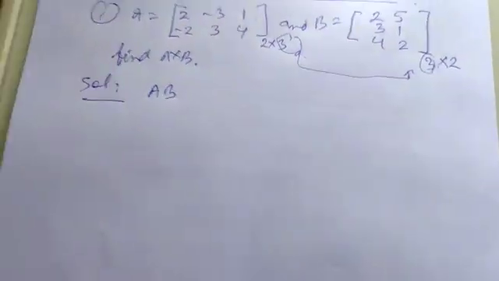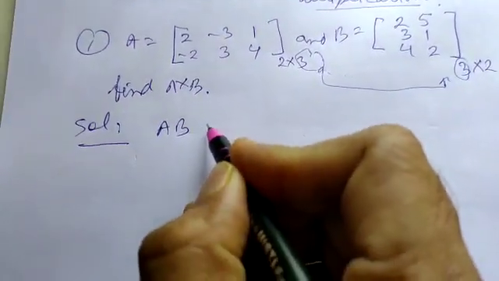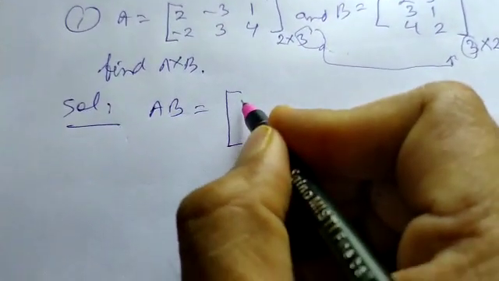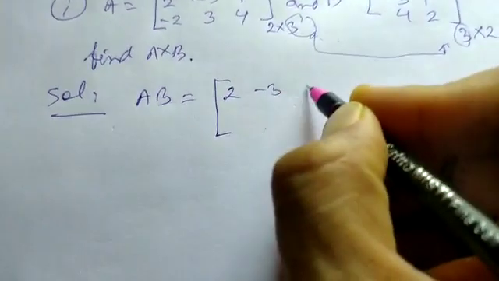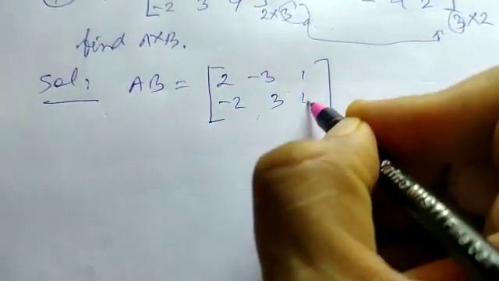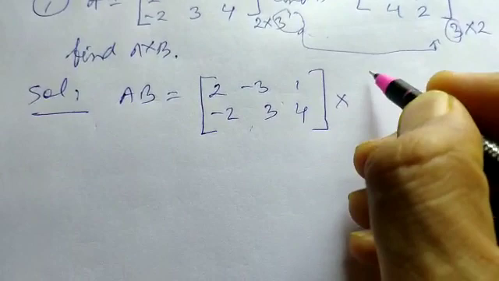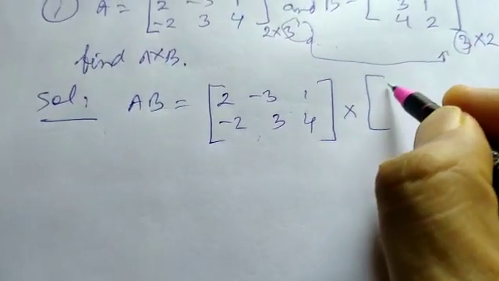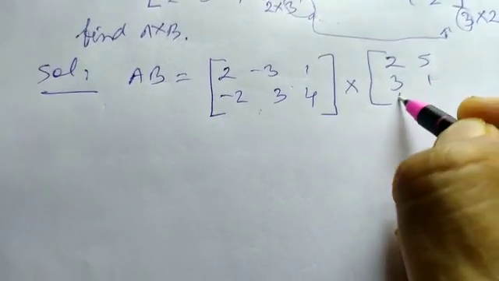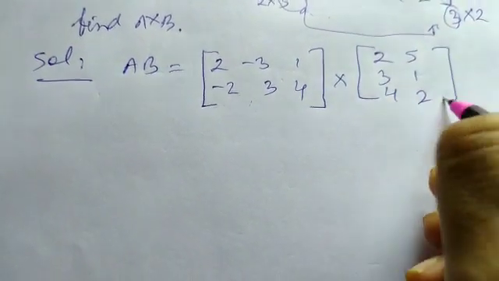Now let us see how we can do this one. AB equal to, so we'll first of all write the matrix A, 2 minus 3 1, then minus 2 3 4, multiplied by B, 2 5 3 1 4 2.